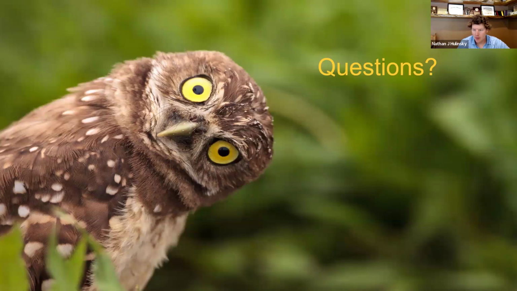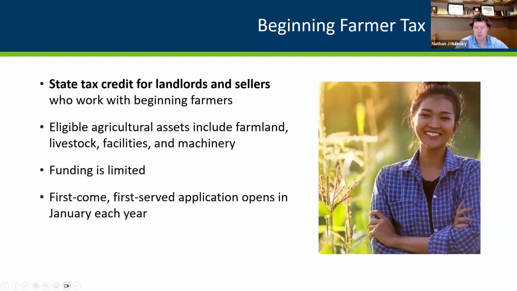As Suzanne looks to double check that, I will continue with a few more resources that we found timely to share with the group. This information is from the Minnesota Department of Agriculture. There is a state tax credit for both landowners and sellers who work with beginning farmers.